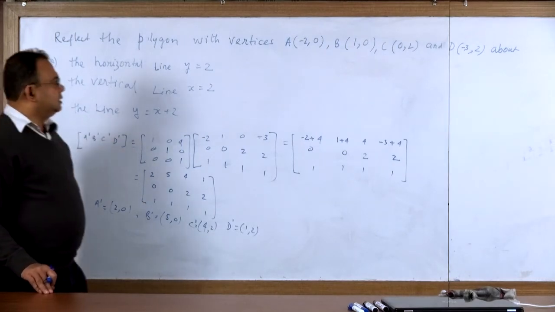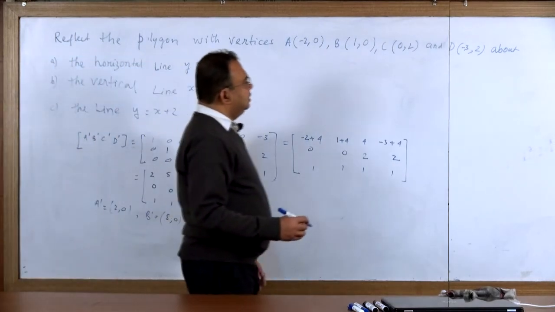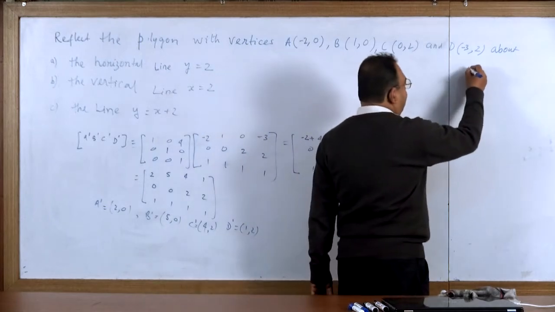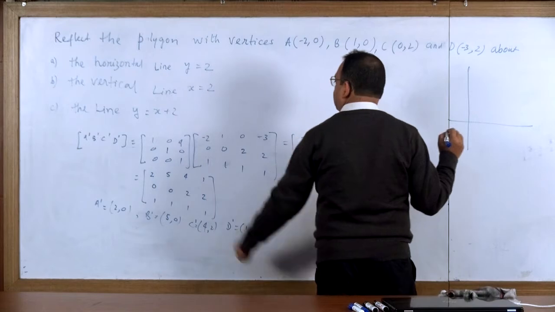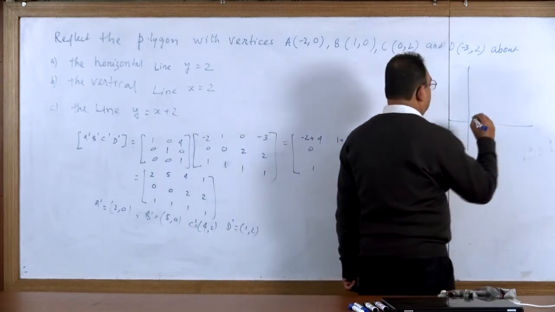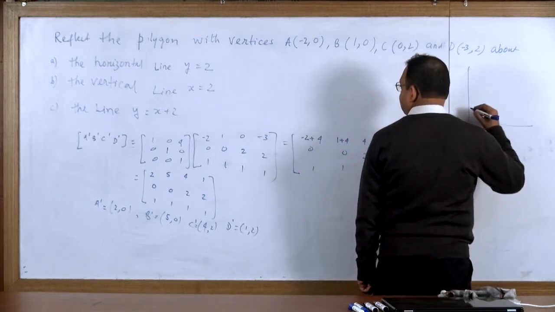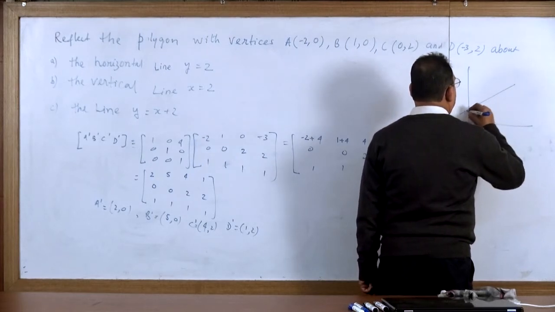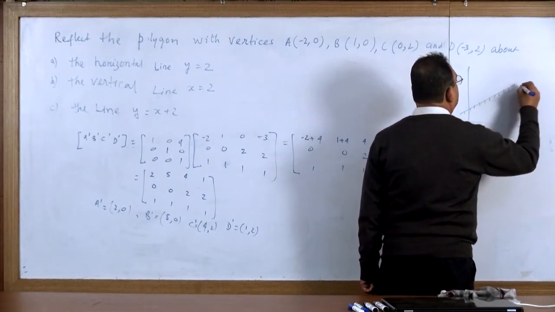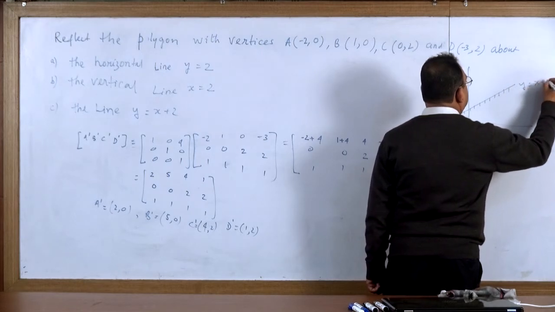Similarly, in the third case, here the reflector is aligned along y is equal to x plus 2. So, this is the position of the reflector, y is equal to x plus 2.